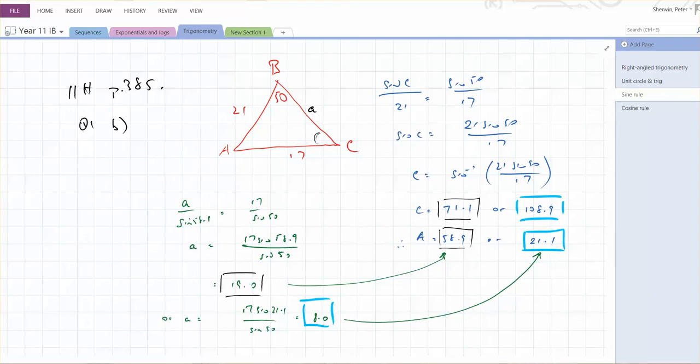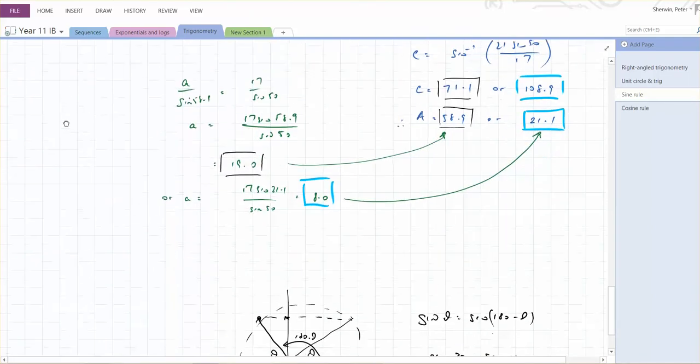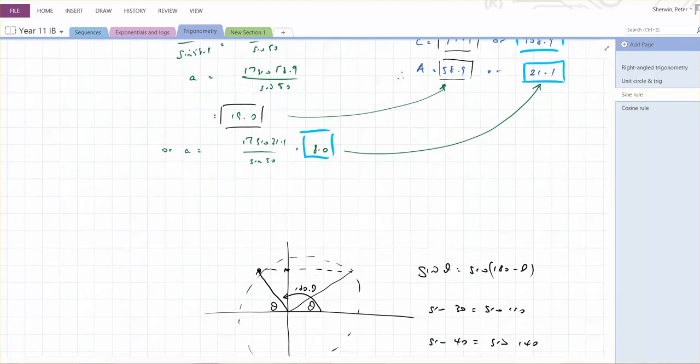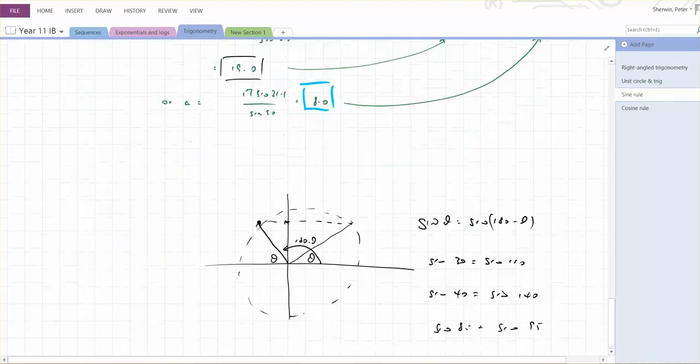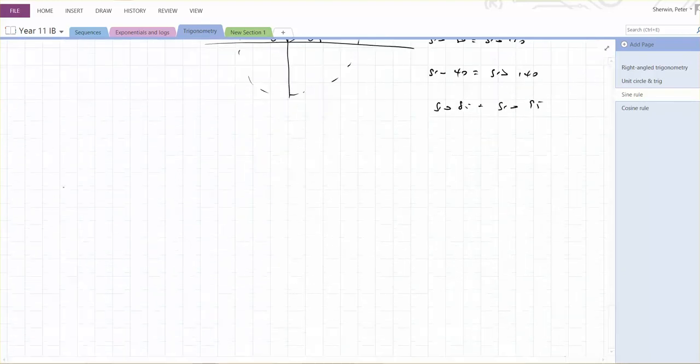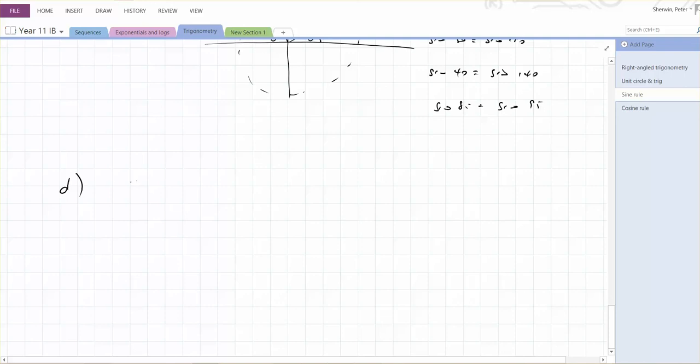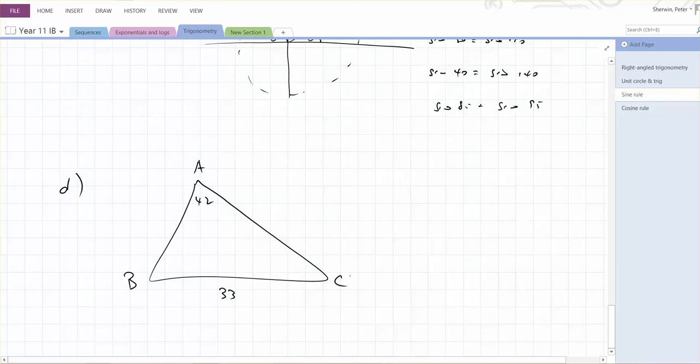We'll do one more question. It's D. So let me do a D here from 11H, and in this case I'm going to put this information in a diagram. A is 42 degrees, side A is 33, and side C is 25.